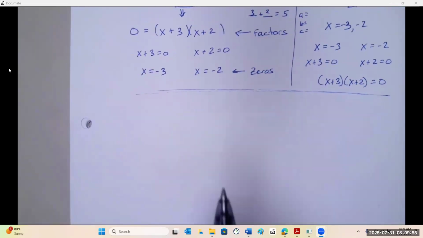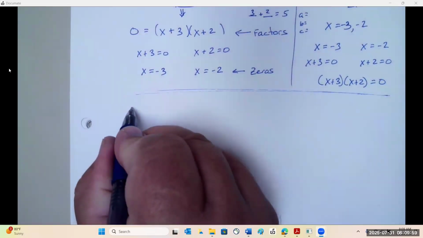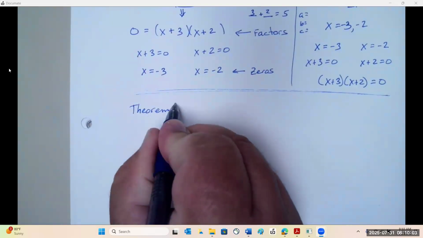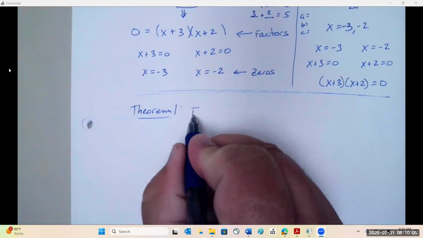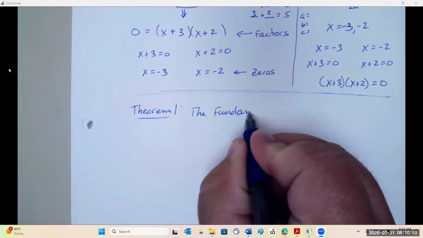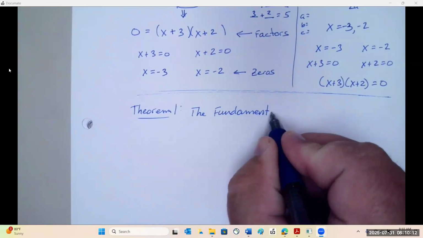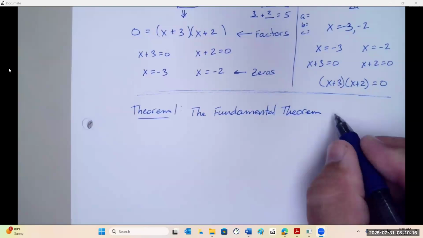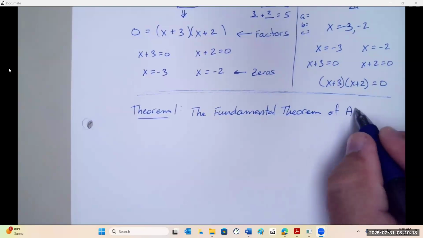All right. So let's see here. Let's start with Theorem 1. The fundamental theorem of algebra.